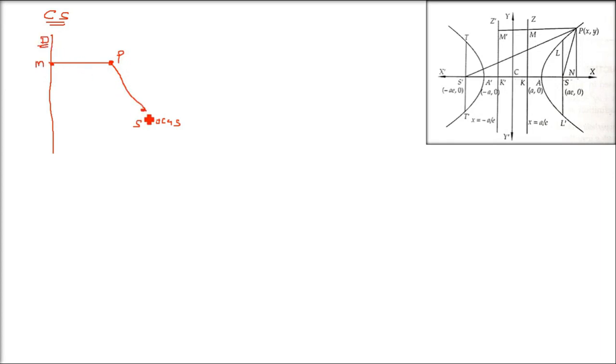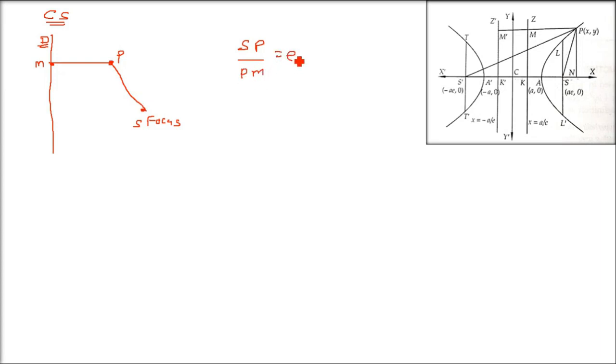If I call the moving point P, S is the fixed point focus, and PM is the distance of P from the fixed line directrix, then we have a ratio. That ratio is nothing but the definition of any conic section.